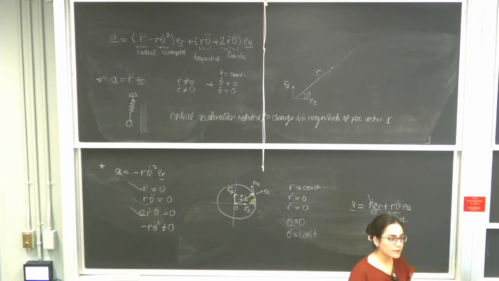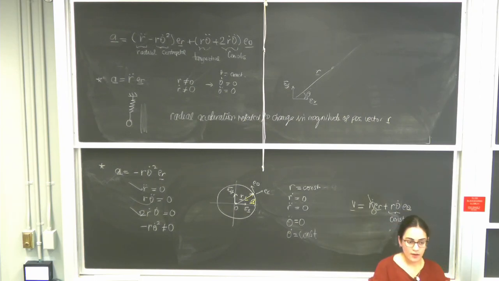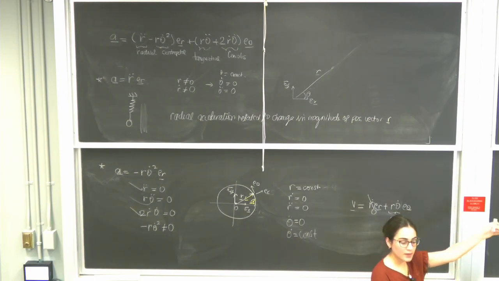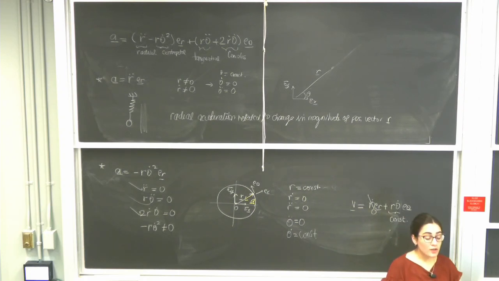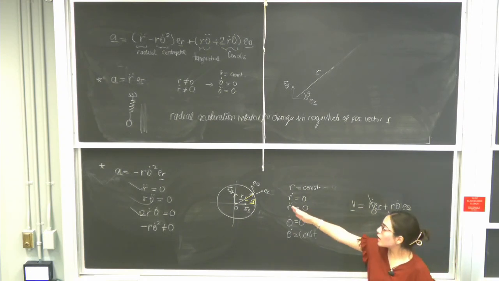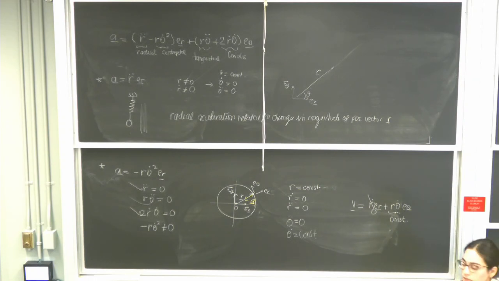If I had a cord and a mass suspended at the end of the cord, and I was holding the cord and turning like this, the mass would trace a circle, right? And I would need to be pulling on the cord to constrain that motion to happen. If I release the cord, the mass is not going to go on a circle anymore. So there is a force in that cord along er that has to balance the centripetal acceleration. Okay? So that's the case where the acceleration is purely centripetal. Hopefully that gives you a bit of intuition of what the centripetal acceleration is.